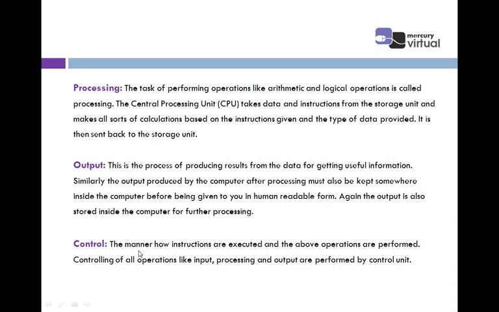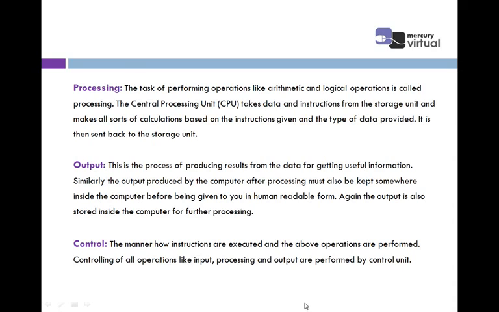Controlling is basically, like I told you, a nervous system that controls all operations. Now let's see the manner in which instructions are executed in the above operations. Above operations means the arithmetic operations and logical operations done by the ALU. Controlling of all operations like input, processing and output is performed by the control unit.